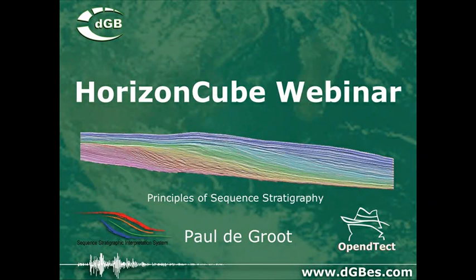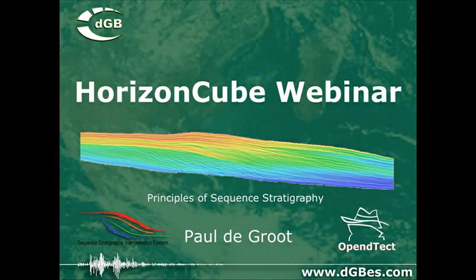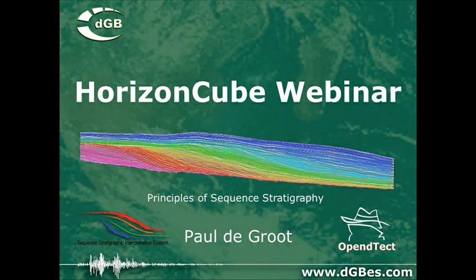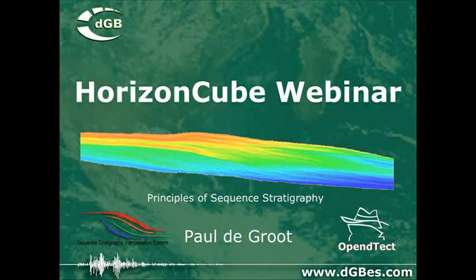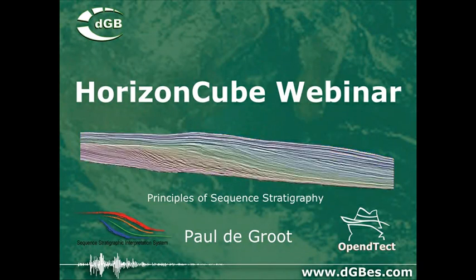So what I would like to do first is to give a crash course of like 10 minutes on the very basic principles that we will apply before we go into the sequence stratigraphic interpretation.